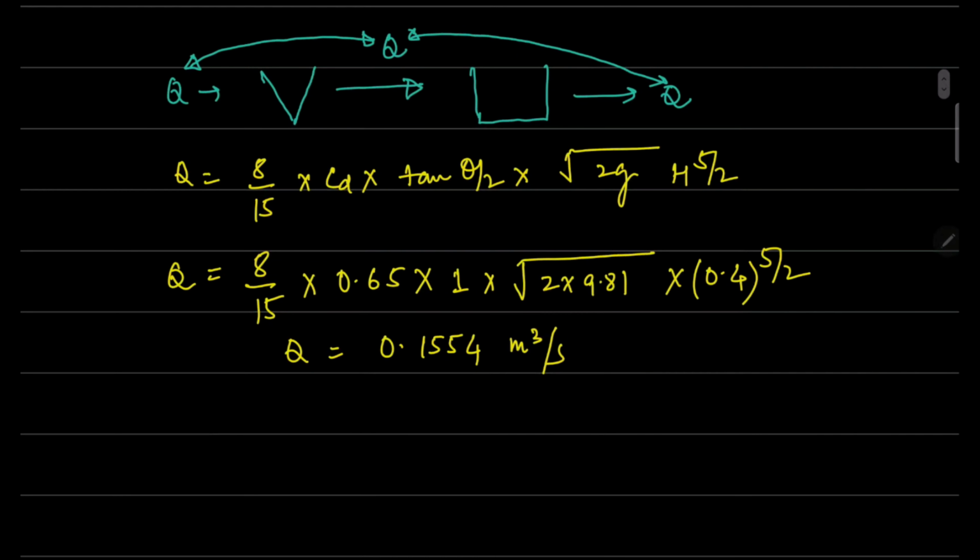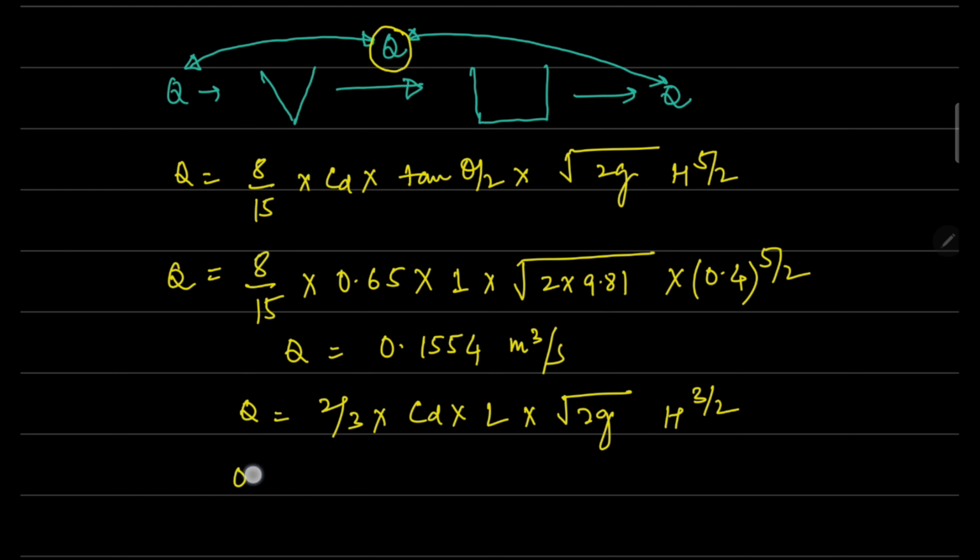Now this is the same discharge which we were talking about. For the rectangular case, this discharge value is given to us. So Q is equal to 2 by 3 CD multiplied by L multiplied by under root 2g multiplied by H raised to the power 3 by 2.